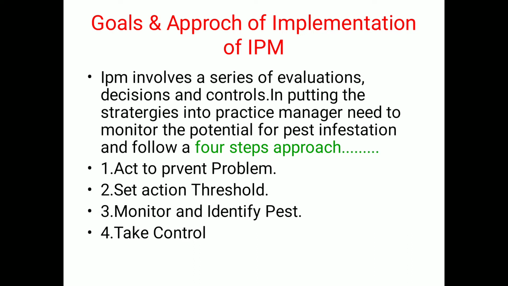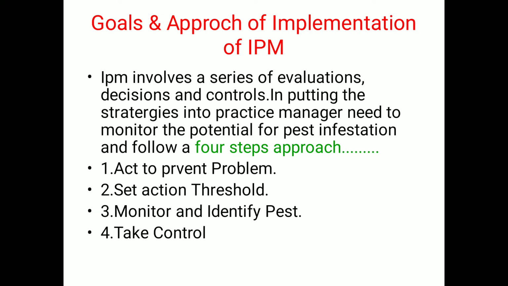Then decisions: at what condition of pest population do we apply a control measure? We need to apply the pest control measure at a particular level of pest population. And the last one is controls. After identification of the pest and deciding on application of a particular chemical, we have to use a suitable combination. It may be chemical or mechanical, or only chemical, to manage a disease.